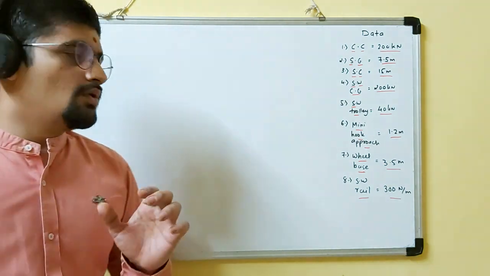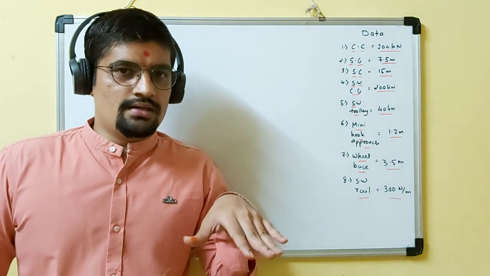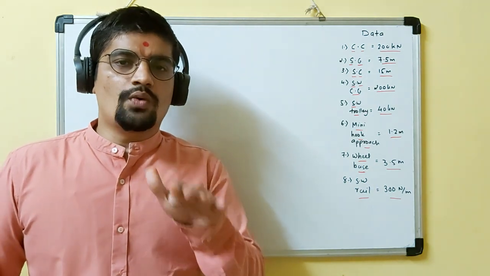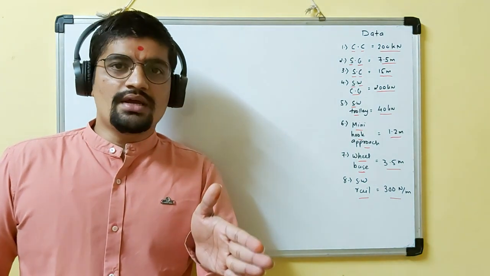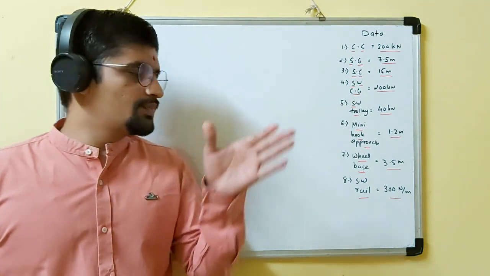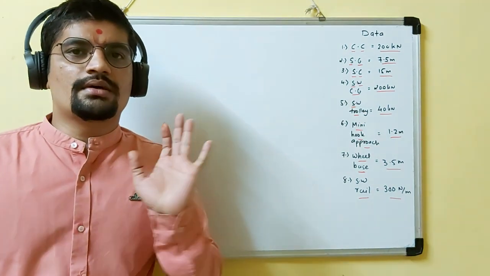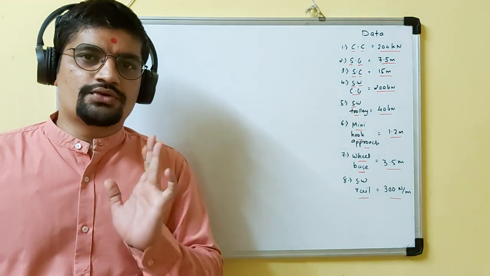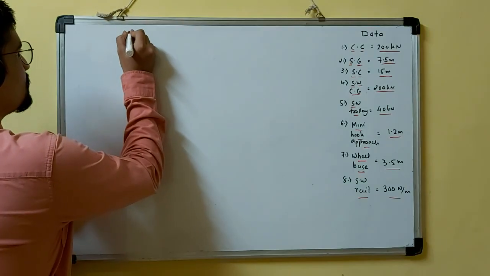So the load on the gantry girder is transferred from the crane girder. The crane girder transfers its loads to the wheel portion, and the wheel exerts pressure on the gantry girder. So we need to find the first step on the basis of that.